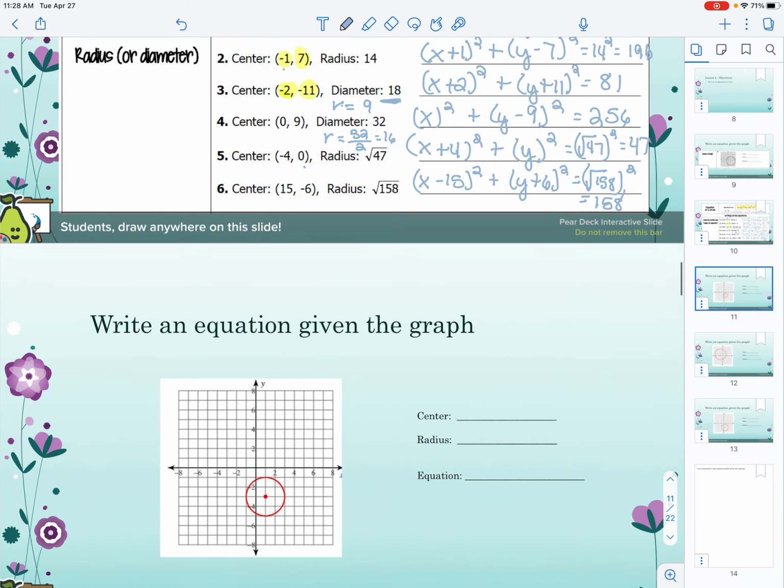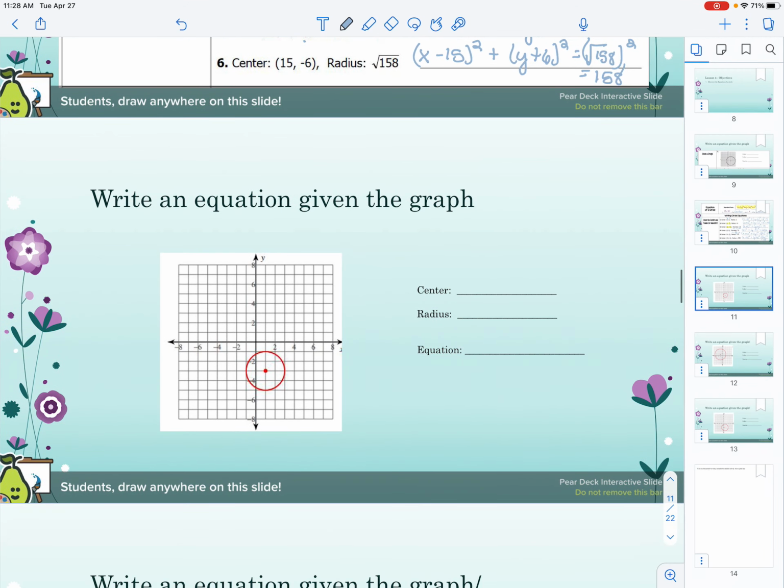Now let's go a different way. Let me give you the circle and you write the equation. Okay? So this circle is given and it has a center of 1, negative 3. What is the radius?